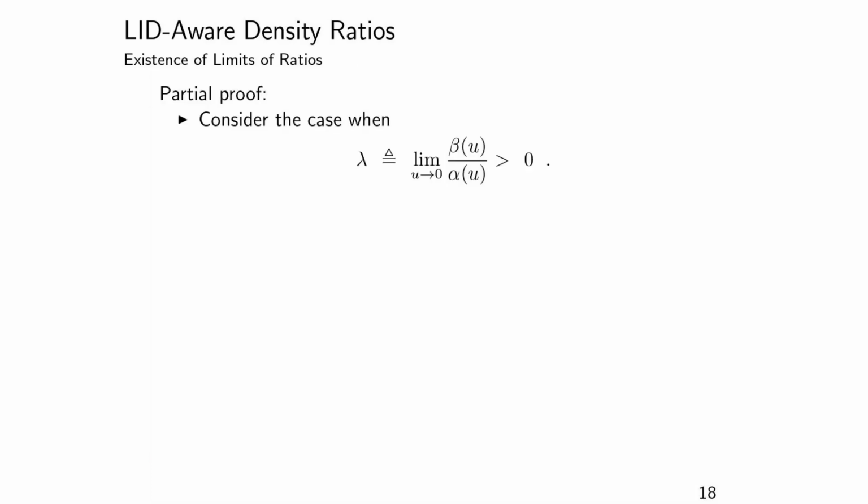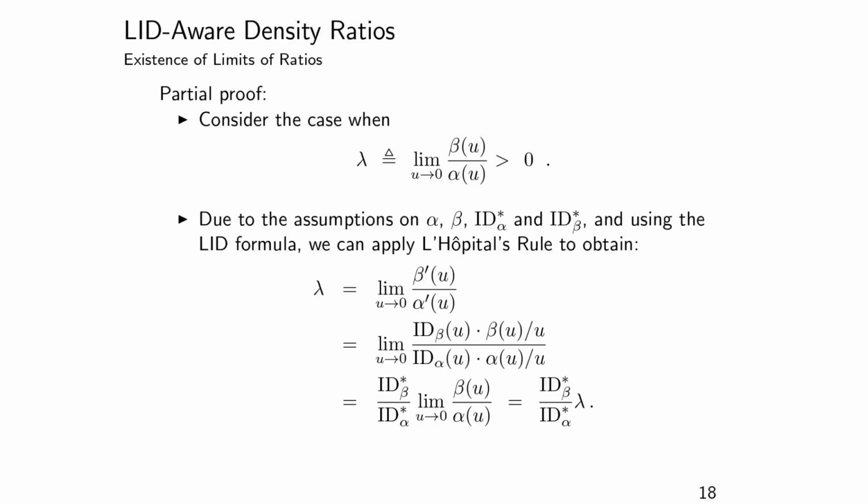As a partial proof of the first statement, it follows very easily from the ID formula. If we assume that lambda exists and is positive, then due to the assumptions on alpha and beta and the IDs, we can apply L'Hopital's rule to the limit, differentiating top and bottom. We can show that lambda is equal to the ratio of the IDs times lambda itself.